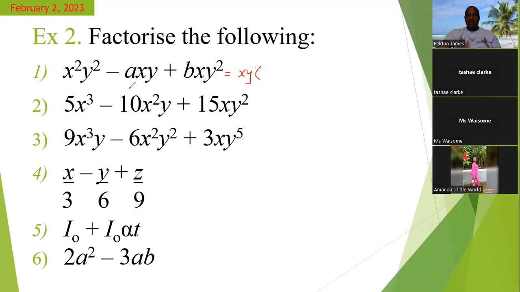First and foremost, you're dividing each of these terms by the HCF, which is XY. The first term, x squared y squared, when you divide it by xy, you get xy. So you just put the result in the bracket and maintain the signs in the expression.